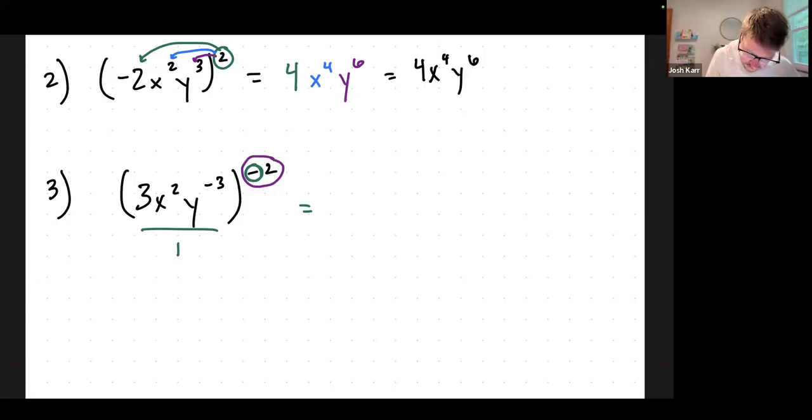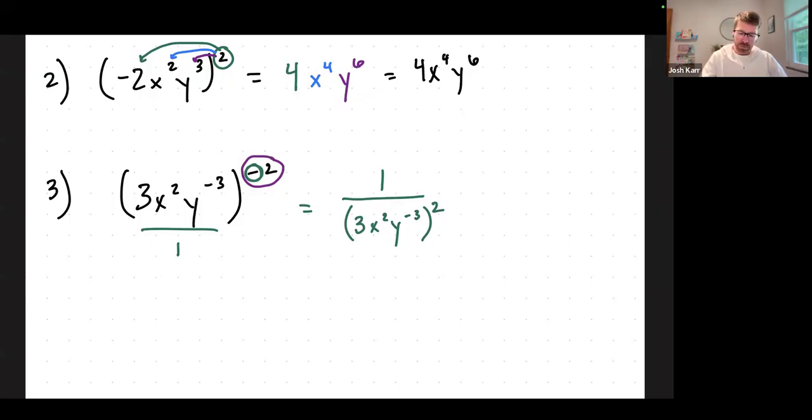So I'm going to rewrite everything exactly how it is, except for that -2 exponent. It's now a +2 because I've done the division that it's representing, okay? It's the inverse now. So everything else stays the same. I've taken care of that negative exponent, okay?